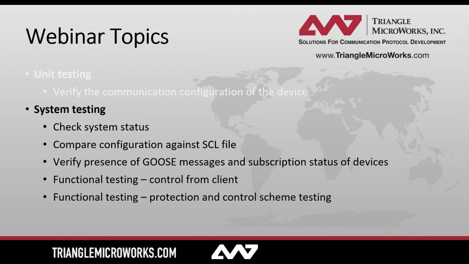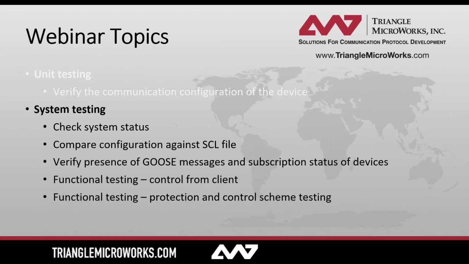So we will compare the configuration of the system against our SCL file that is loaded in the Test Suite Pro tool. We will verify the presence of all the Goose messages, the subscription status from all the devices. So that's the initial steps. And once we have done that, then we are sure that at least from a configuration perspective, everything works as we want. And then we can start functional testing.